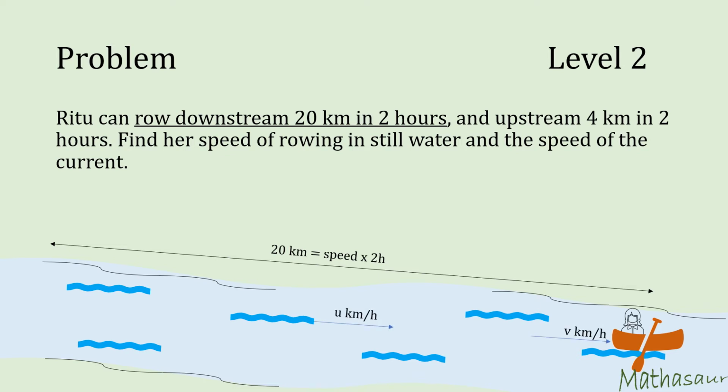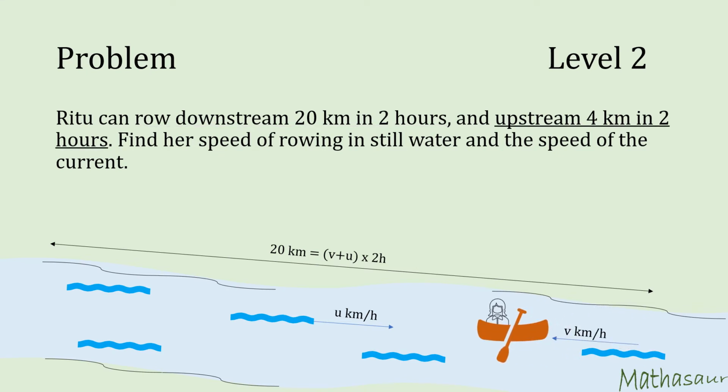Now let us say that Ritu can row at v kilometers per hour and let us say that the water is flowing at a speed of u kilometers per hour. So the speed is going to get added because the water current is helping Ritu in her direction of rowing. So we get 20 equals v plus u times 2.